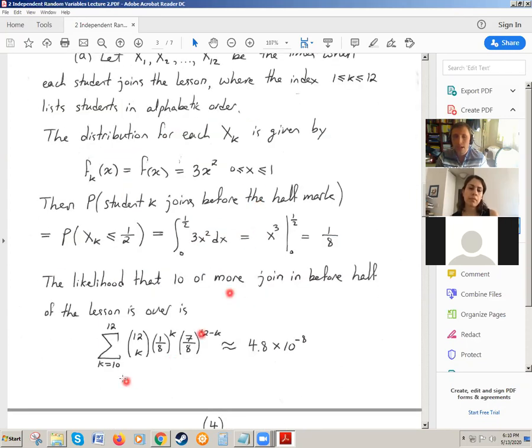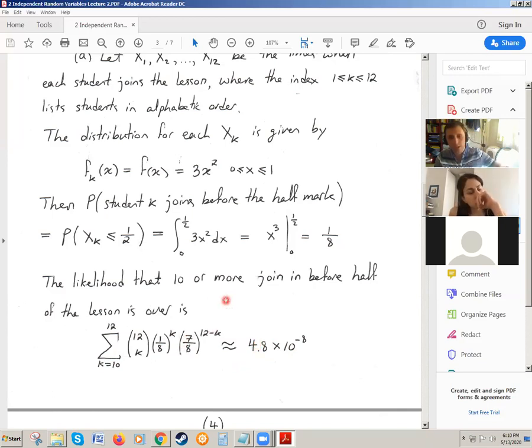And that means that the summation is simply from k equal to 10 up to 12, of 12 choose k, 1/8 to the k, 7/8 to the 12 minus k. It's that binomial, right? Which, if you estimate it, will be roughly 4.8 divided by 10 million, right? So it's very unlikely that all of them will join before half of the lesson.